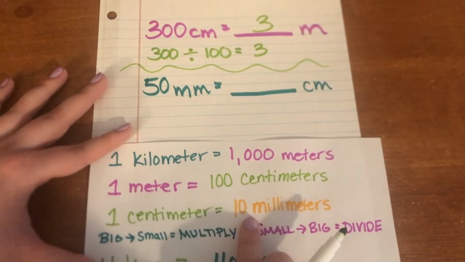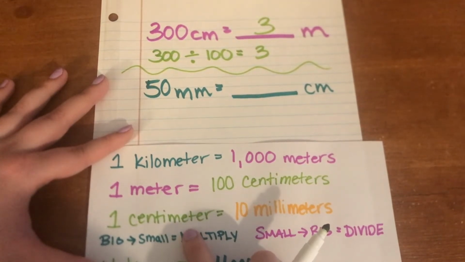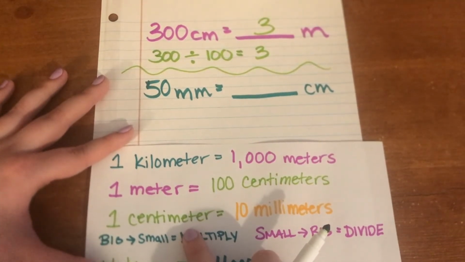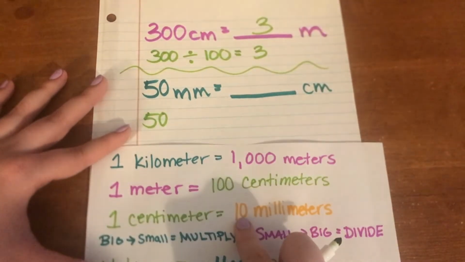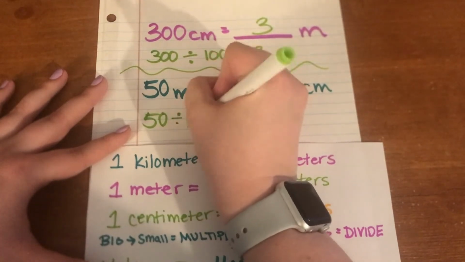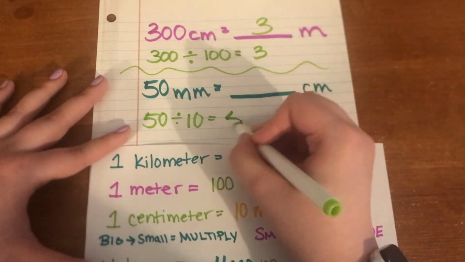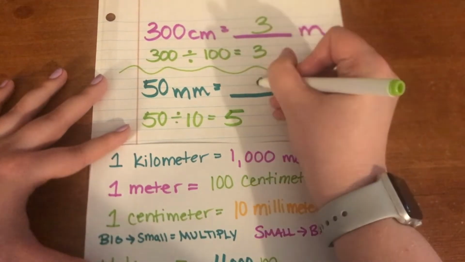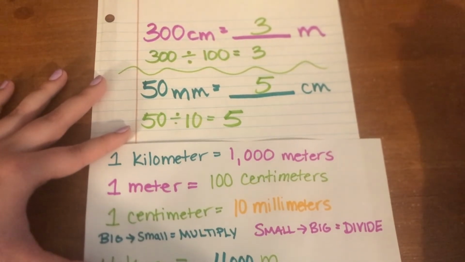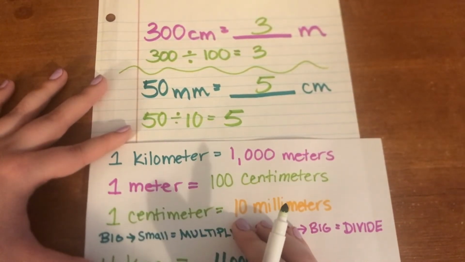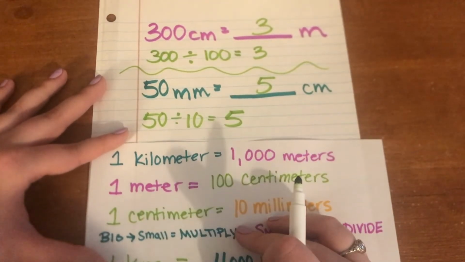So if there are 10 millimeters in 1 centimeter, and we want to find out how many centimeters make up 50 millimeters, we can divide 50 by 10, which would be 5. 50 divided by 10 would be 5, right? And even if we counted groups of 10, 5 groups of 10 would make 50.